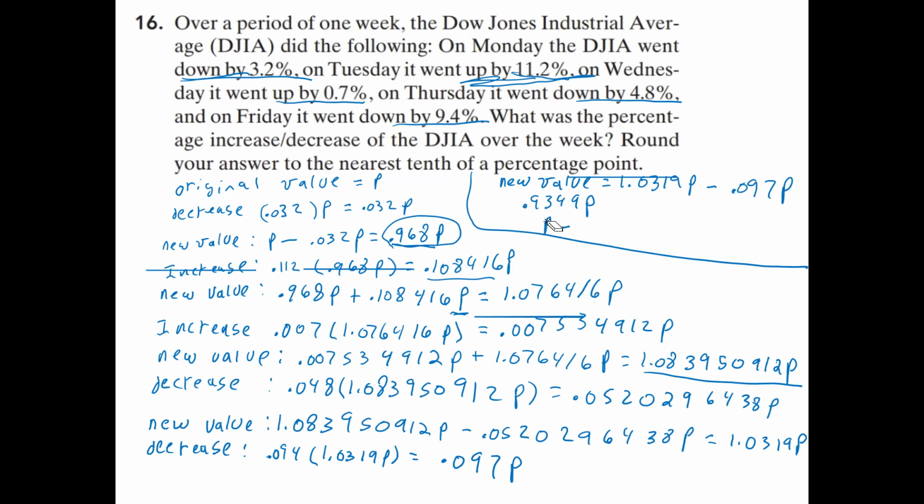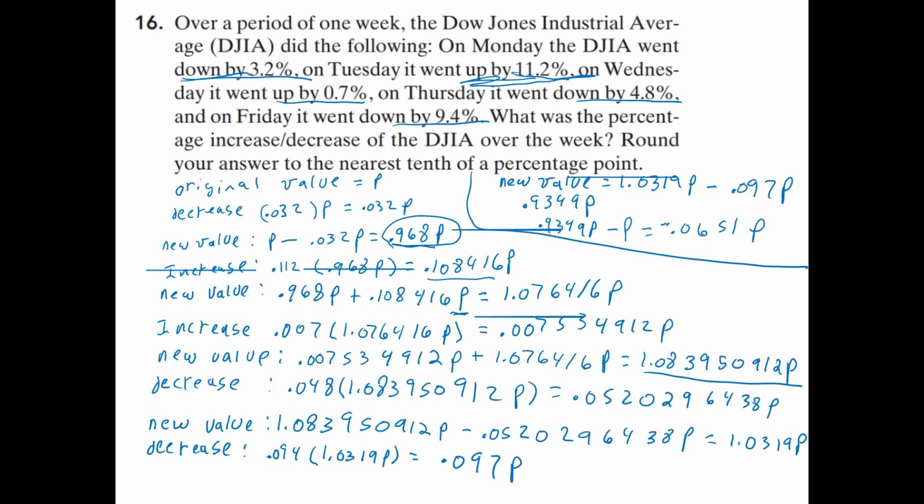We take where we ended, 0.9349P, and subtract where we began, P. I'm sorry, I had that backwards at first. So 0.9349 minus 1 gives us negative 0.0651P.